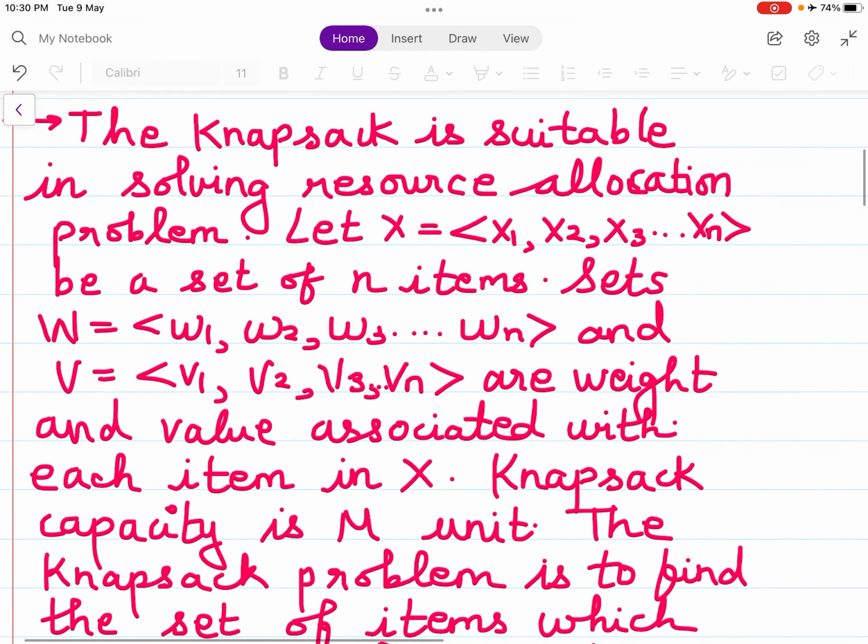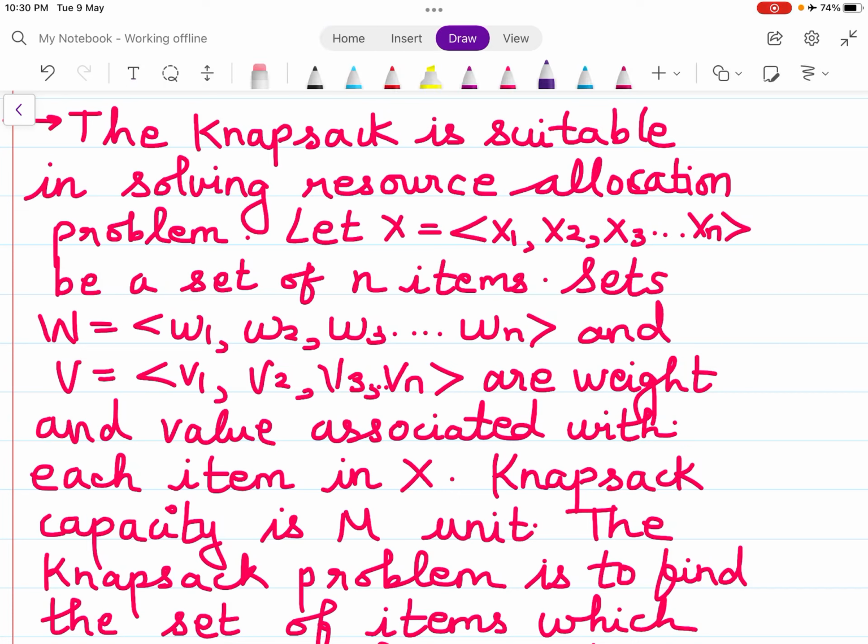The knapsack is suitable in solving resource allocation problems. Let X equal to x1, x2, x3 till xn be a set of n items. Let W equal to w1, w2, w3 till wn and V equal to v1, v2, v3 till vn be the weights and values associated with the items in X. So there was an item x.